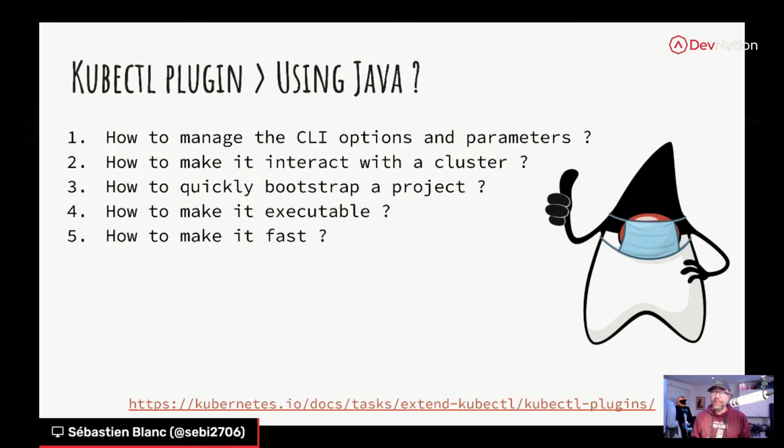A good library that is complete, which is updated with the new Kubernetes releases? So that's another challenge. And then how do I quickly bootstrap my project when I have the idea, okay, let's create a new plugin with Java. Creating a new project in Java is not that easy because, for instance, you need to handle all the dependencies.